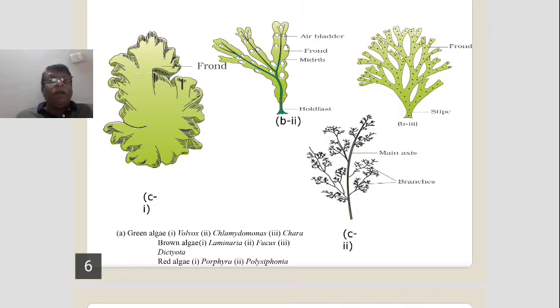Then fucus, dictyota is there. Fucus, that is the third diagram. Then dictyota is also there. Laminaria is there.